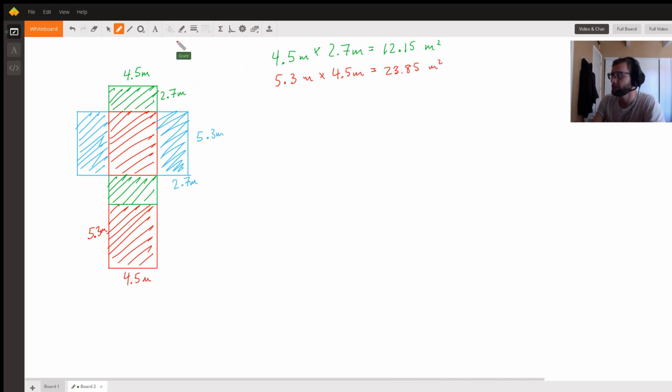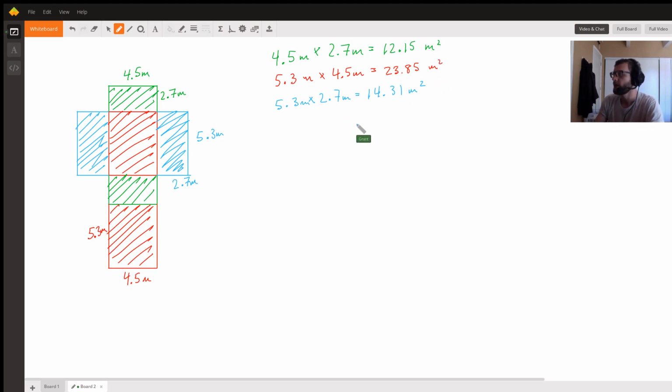And then lastly, we'll do the same thing for our blue rectangle. We take 5.3 meters times 2.7 meters. 5.3 times 2.7 is 14.31, so 14.31 meters squared.